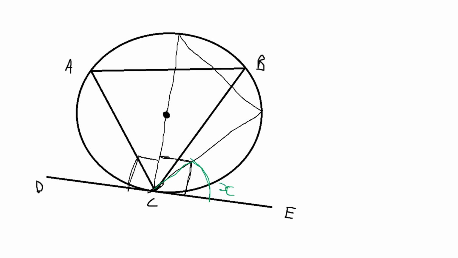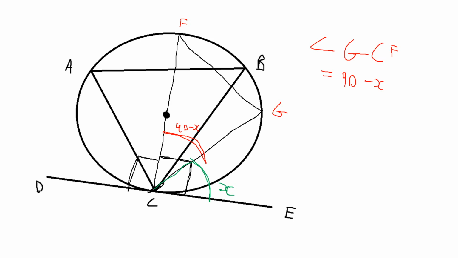What is this angle here going to equal? Exactly. Let's label this F and let's label this G. So angle GCF is going to equal 90 minus x. You agree? Because if this is 90 degrees, this has to be 90 minus x.